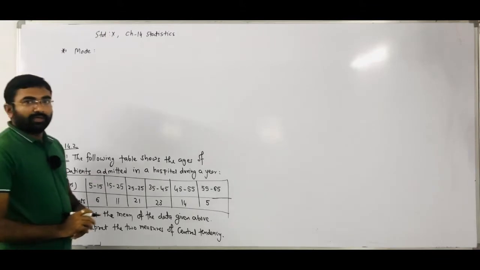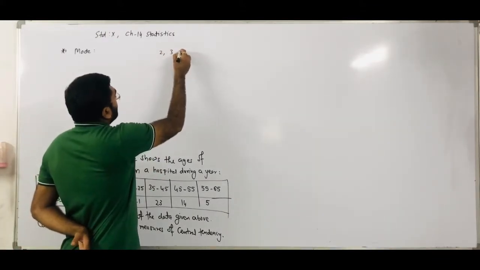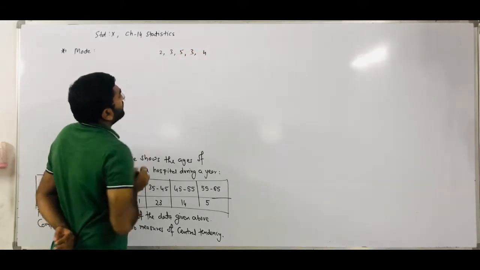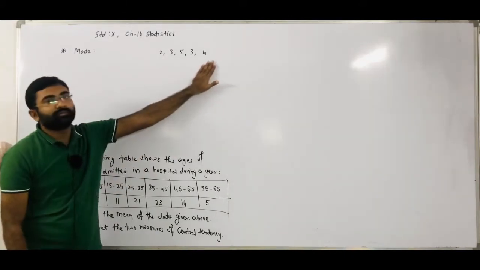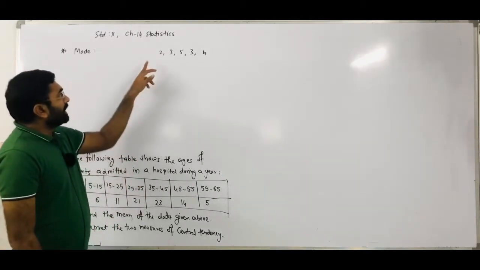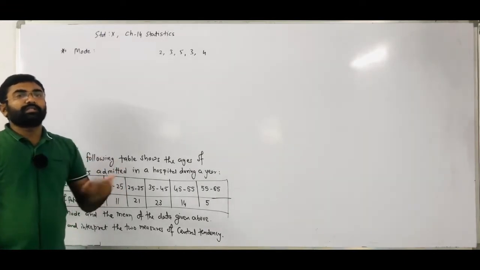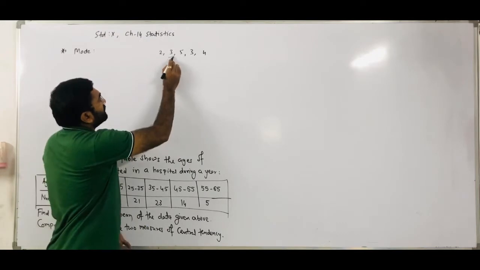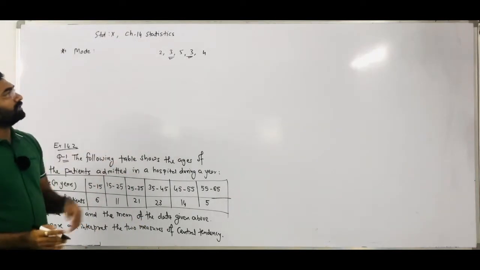In 9th standard you learned that if any ungrouped data is given, suppose 2, 3, 5, 3, 4, and someone asks you to find the mode of the given observations, the mode is the observation which repeats the most, right? Here 3 repeats 2 times, compared to the other observations.